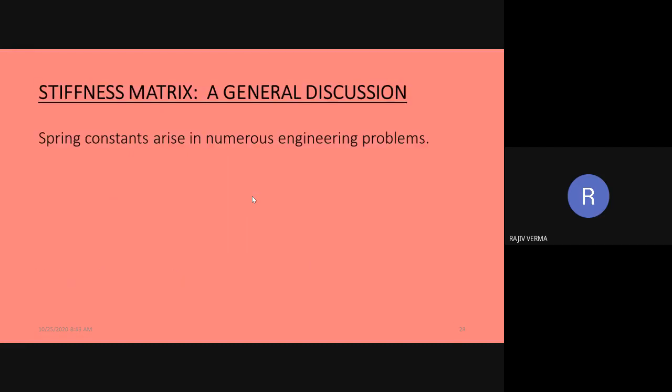Now coming to some general discussion regarding the topic of stiffness matrix. We have developed a stiffness matrix for the case of a spring. So obviously there are going to be some students who are going to think that since a spring has an inherent property known as its stiffness, the matrix which is called the stiffness matrix is going to be derived only for those bodies which are elastic in nature.